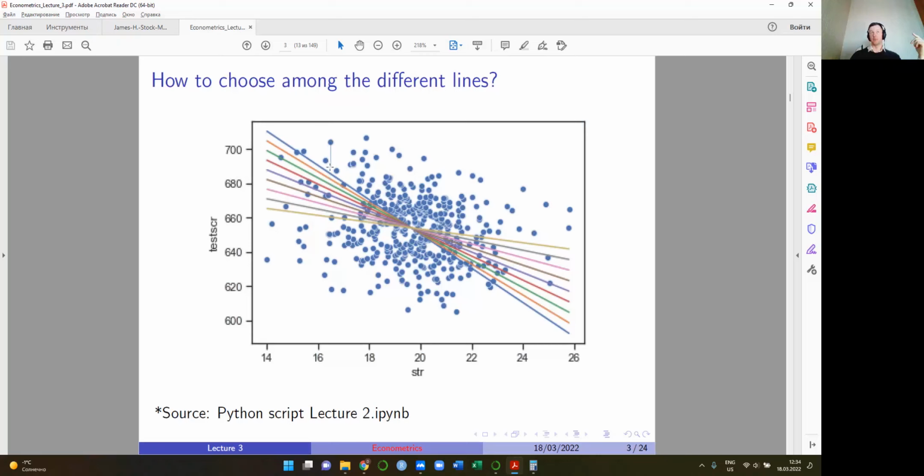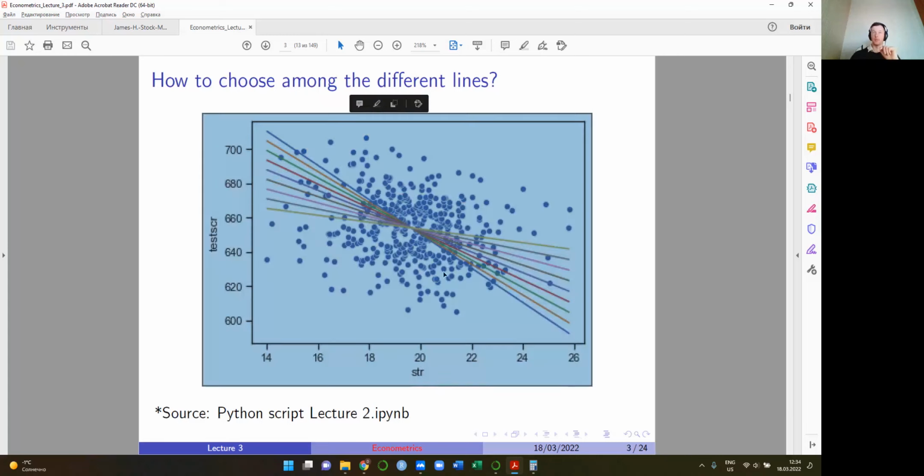Look, for example, the mistake for this blue line is the smallest. The mistake for this yellow line is the largest, right? Because the vertical distance between this point and the line is the maximum here.